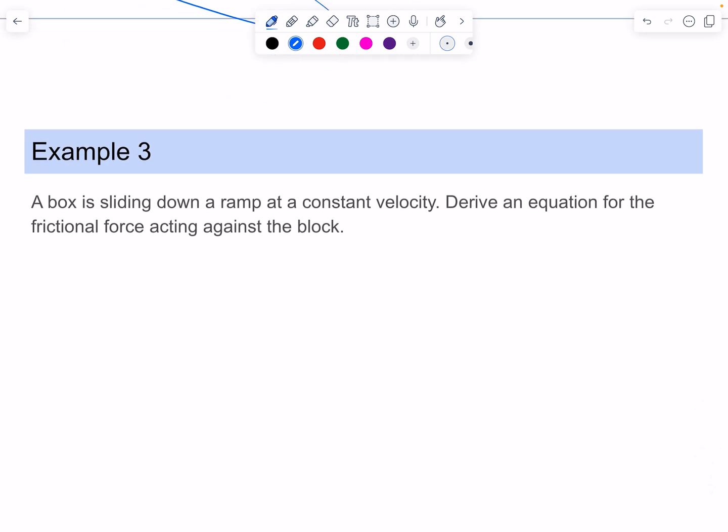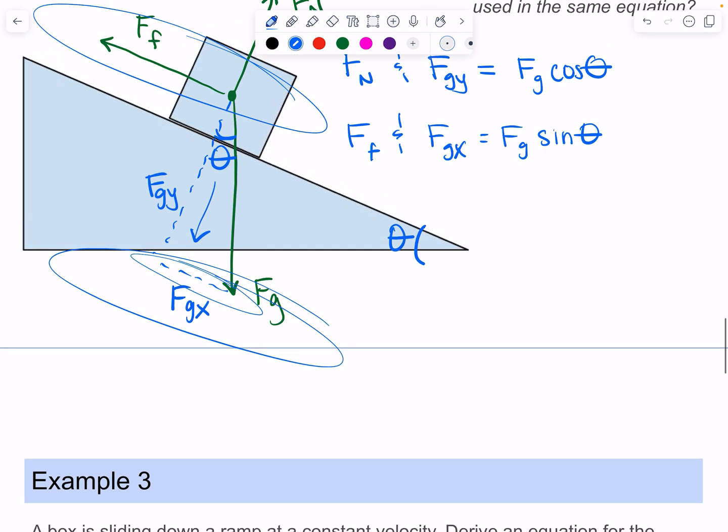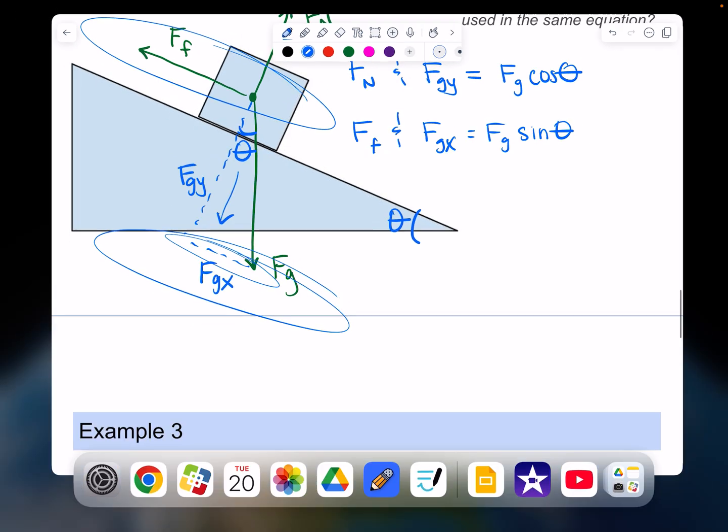A box is sliding down a ramp at a constant velocity. Derive an equation for the frictional force acting against the block. Well, I know that if it's moving at a constant velocity, the frictional force opposing its motion is equal to the x component of the force of gravity.